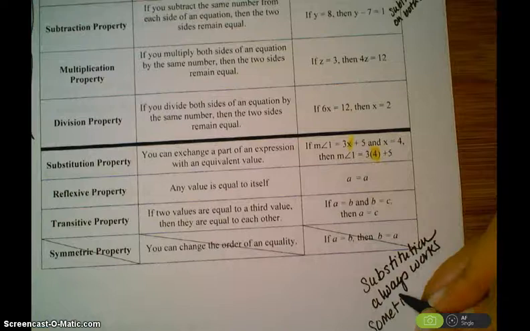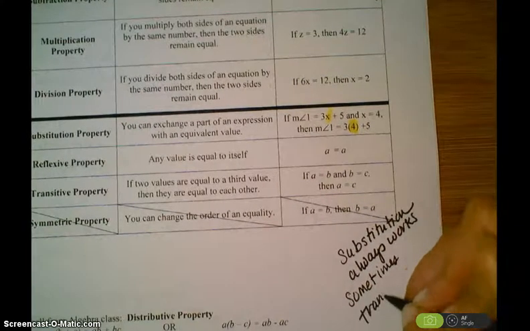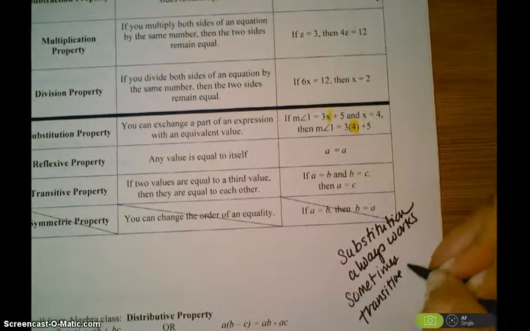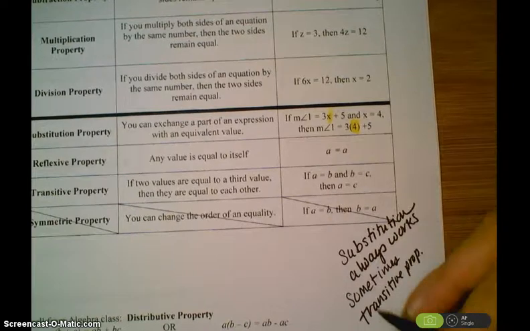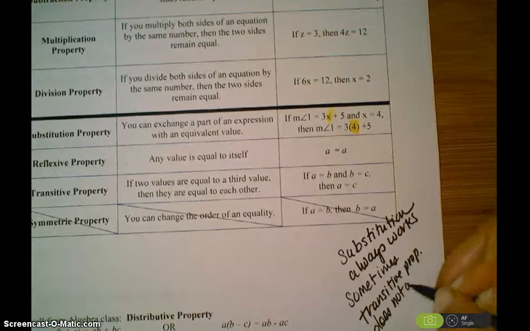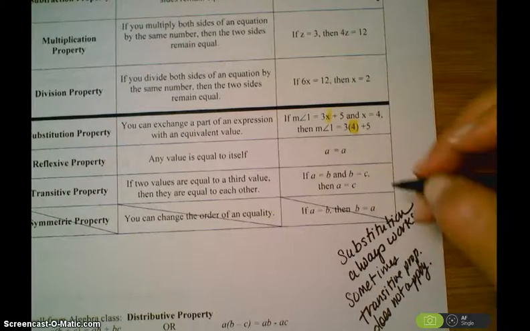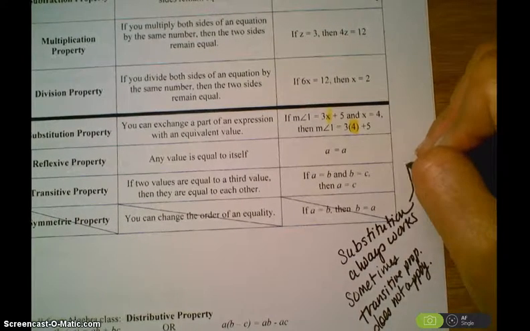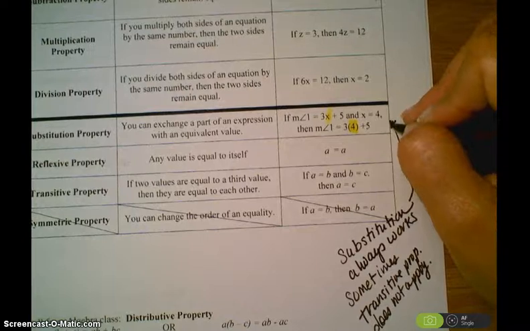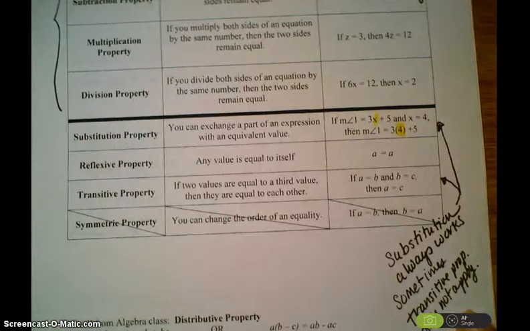Let me move my paper so you can see this. That'll probably make more sense later as we move through our proofs, but for now, you just might want to take note of it: substitution property always works, transitive property sometimes does not apply.